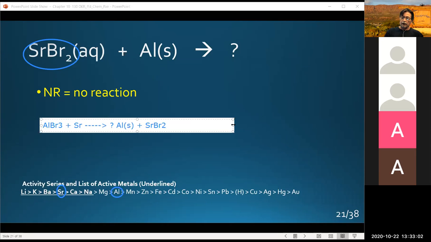And now I put these in solution, and then the question is, all right, would SrBr2 be soluble or insoluble? Because I've got to put the physical state here. What would I put in there? How could I determine what the physical state is of strontium bromide?